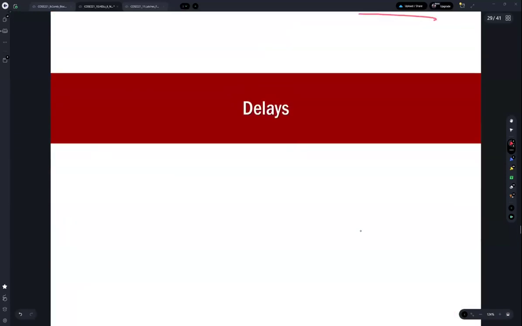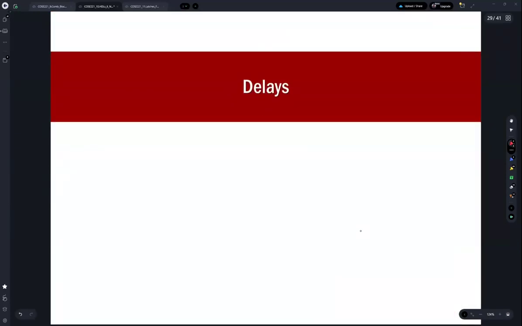Okay. So let's learn about the delays in SystemVerilog. We learned about the delays in combinational logic, and you need to know that every circuit exhibits delay. It's a real circuit, so every system exhibits delays.